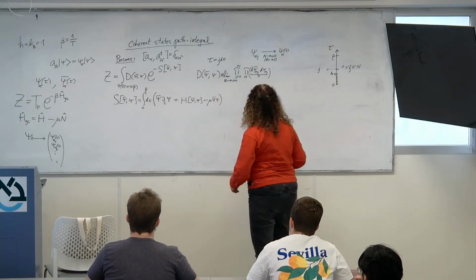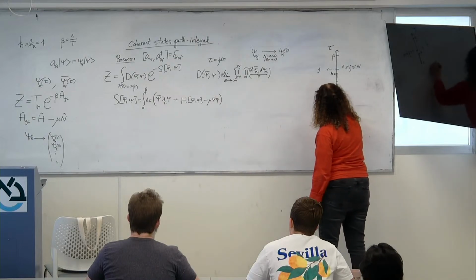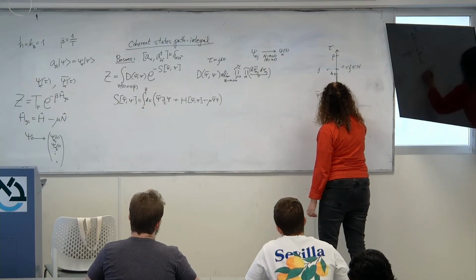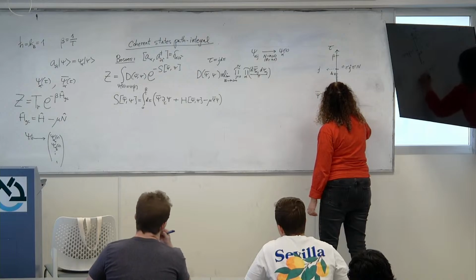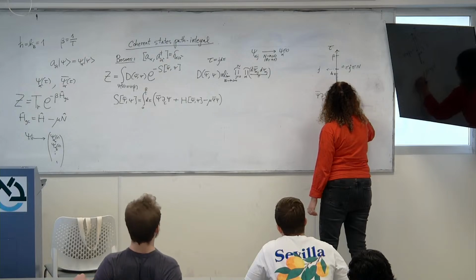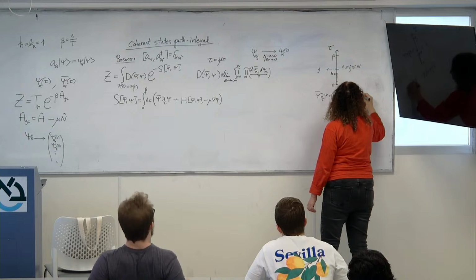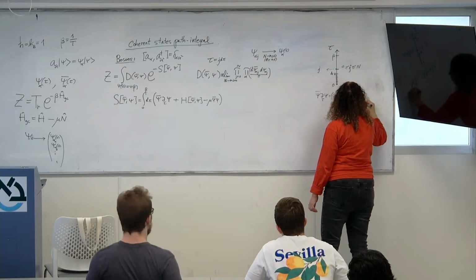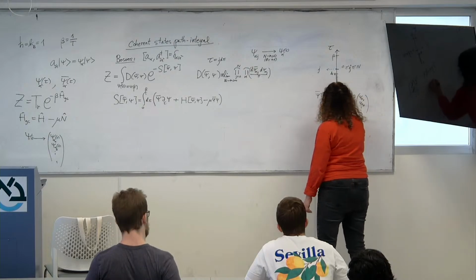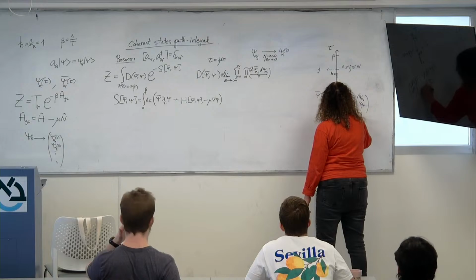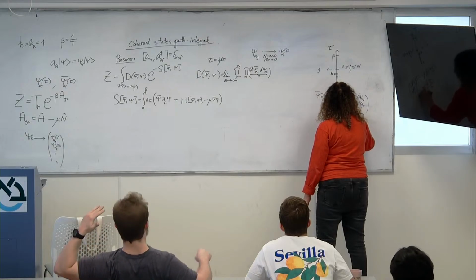Okay? So let me write it on the side just to remind. This is psi alpha 1, psi, it's actually this times d tau of, okay, which is a sum over alpha, psi bar alpha, psi alpha.